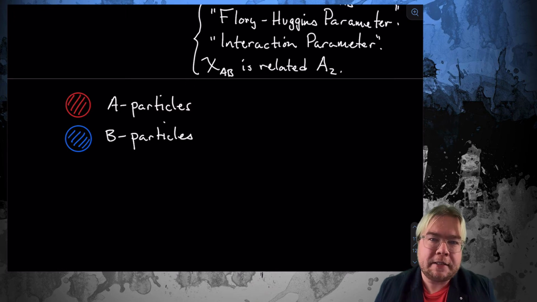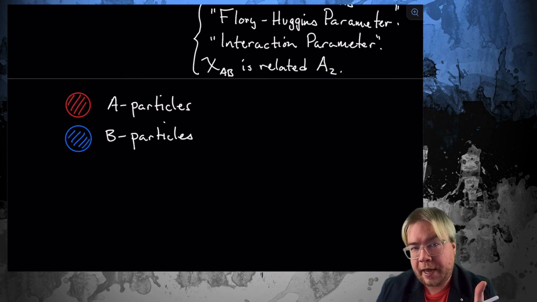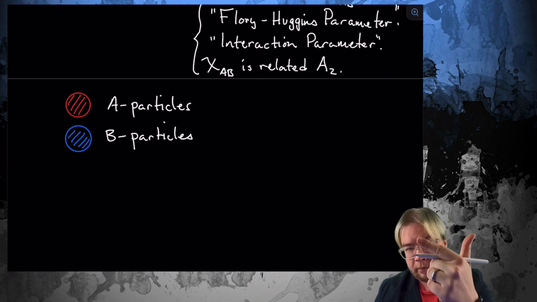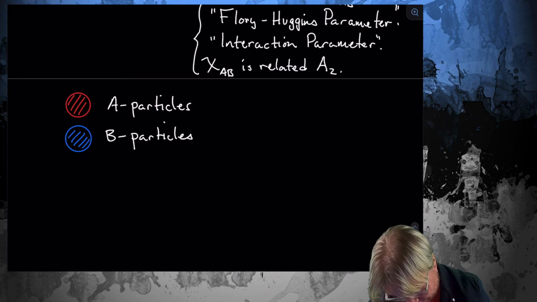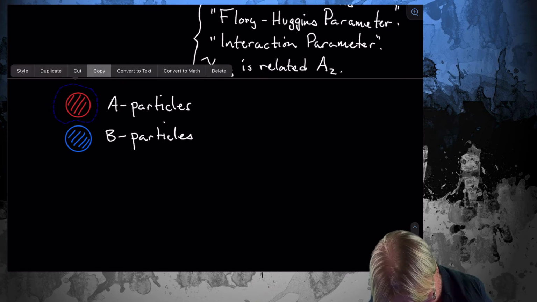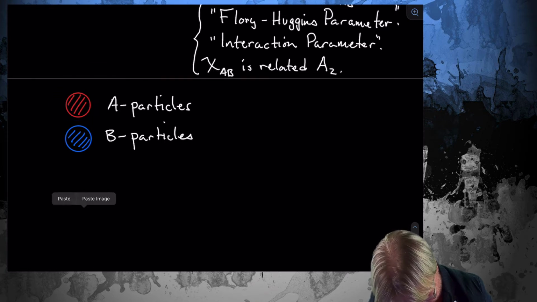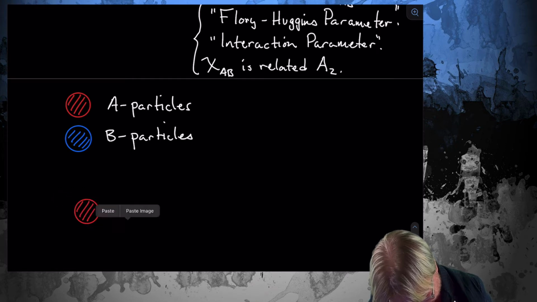And so just based on this, how many different interaction types are there going to be? A with A, B with B, and A with B. So there's 3 different types of interactions. So let me copy this. Paste. And let's paste one more.